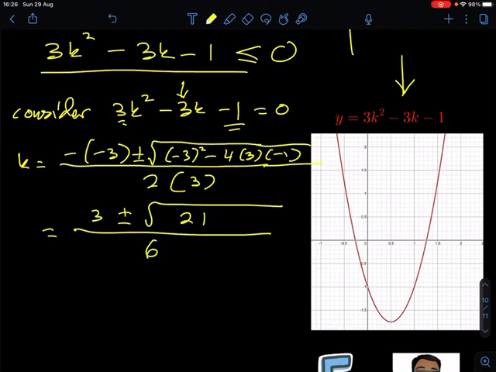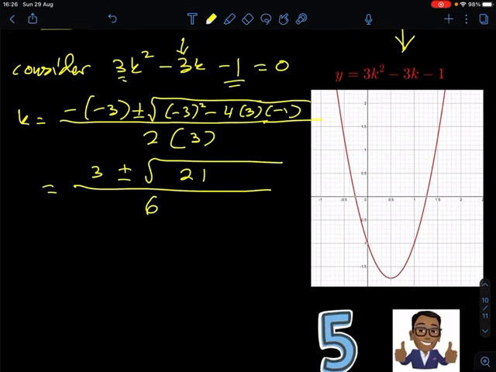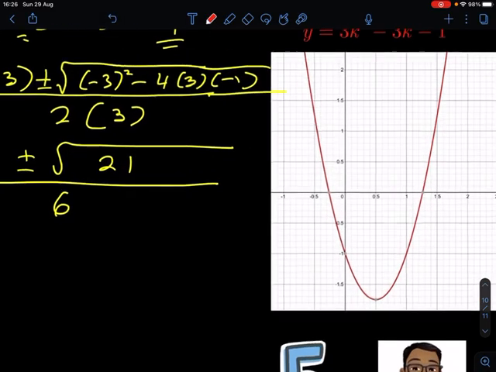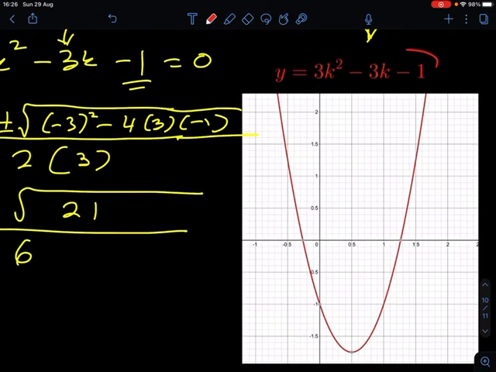So from here, this is where I want to show you by graphical method. Draw y equal to 3k squared minus 3k minus 1. These are the two values.